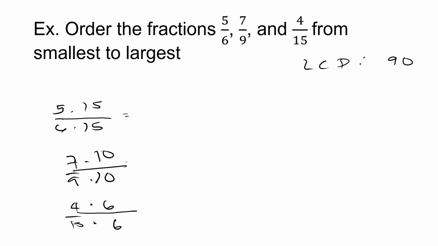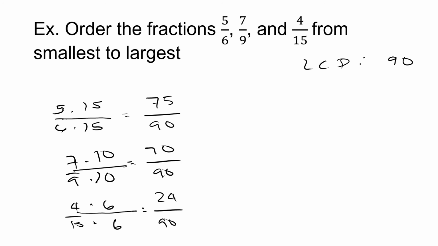Now our fractions are, obviously, all over 90. 5 times 15, you get 75. 7 times 10 is 70, and 4 times 6 is 24.